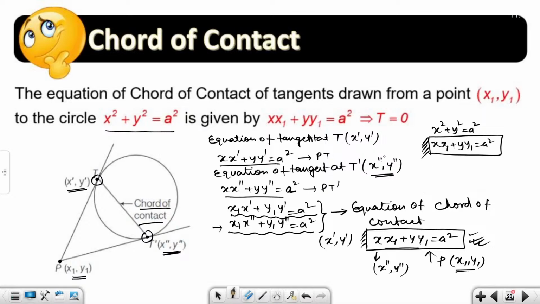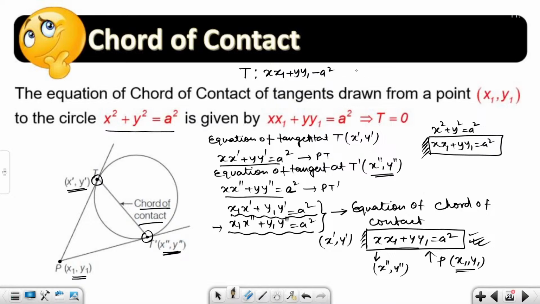So from now onwards, throughout the conic sections, we will use a notation which is called T. What is T? In this case, your T is x(x1) plus y(y1) minus a squared. Why has T been given? This notation has been given because this is the equation of a tangent.